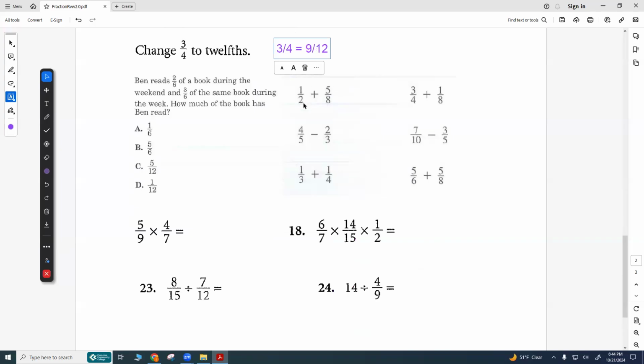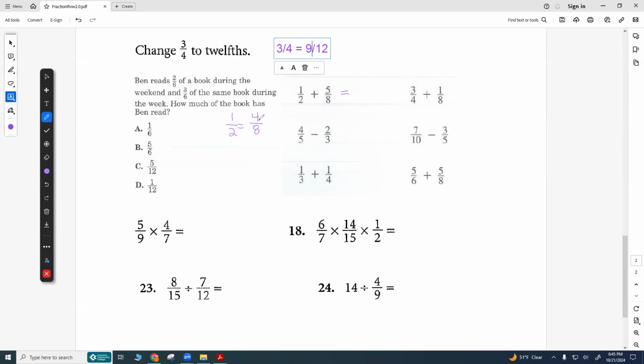And so, for example, if you look at this first one, 1/2 and 5/8 do not have common denominators, so I can't just add them. However, I know that there's an equivalent form of 1/2 as 8ths. So once again, I find that equivalent form of 1/2. What would that look like as 8ths?